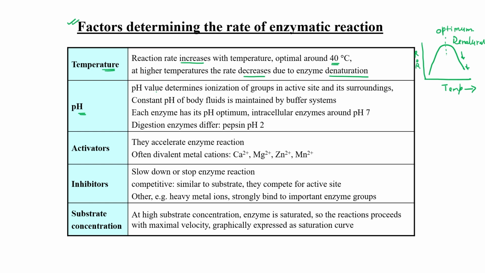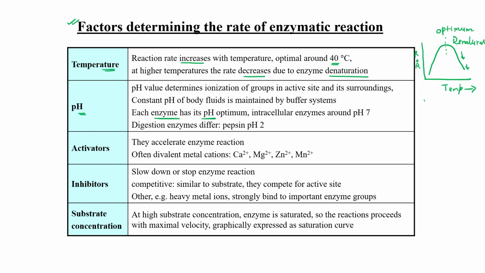Similarly for pH. pH value determines ionization of groups in the active site and its surroundings. The constant pH of our body fluid is maintained by buffer systems. Each enzyme has its own optimum pH and works on that particular pH only.